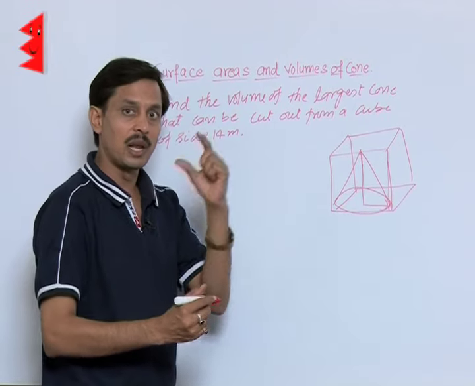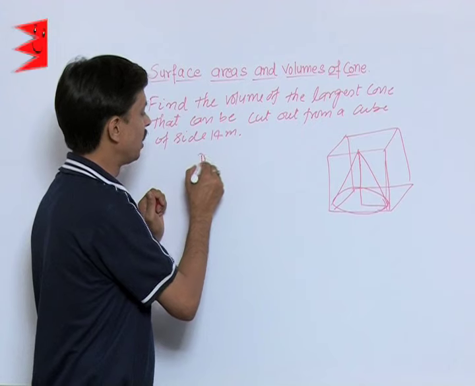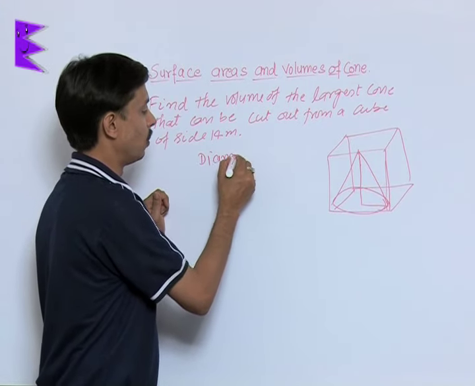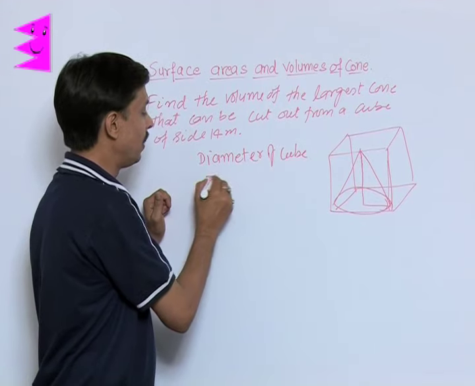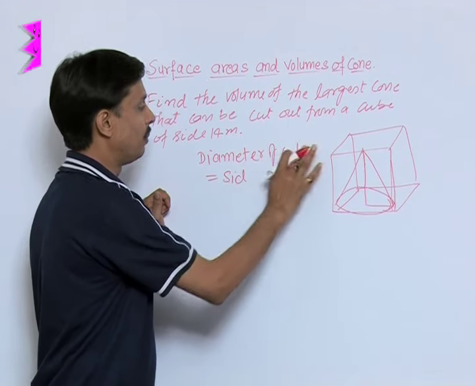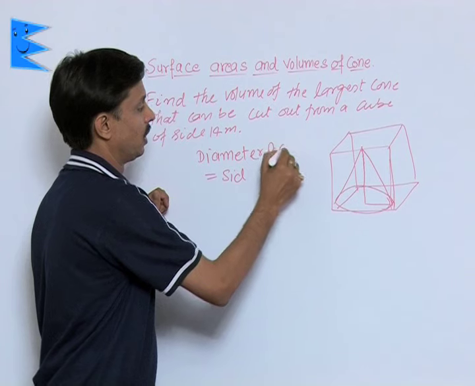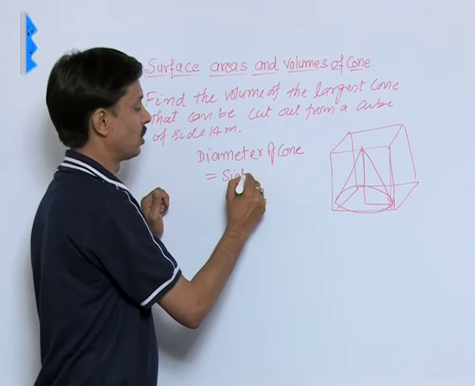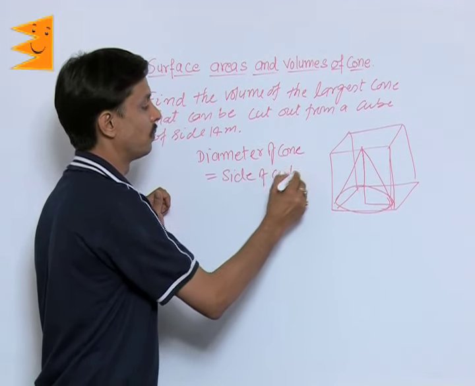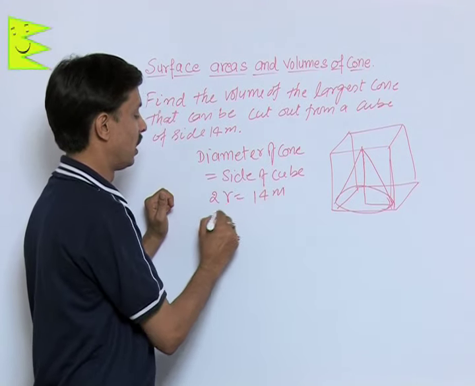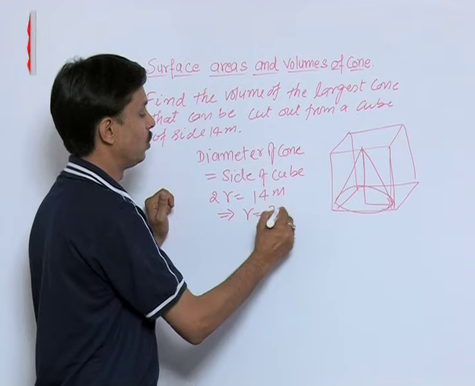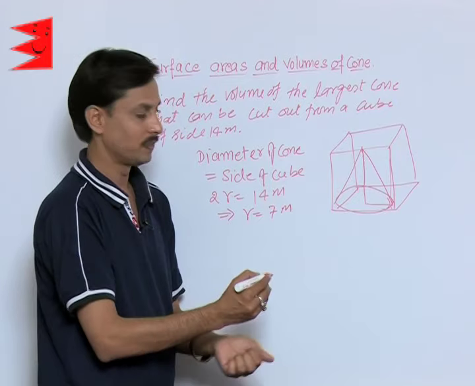In this case, the diameter of cone is equal to the side of cube. That is, 2r equals 14 meter. This implies r equals 7 meter.